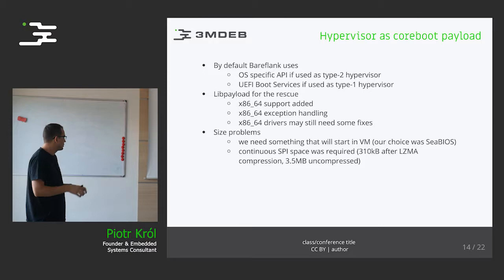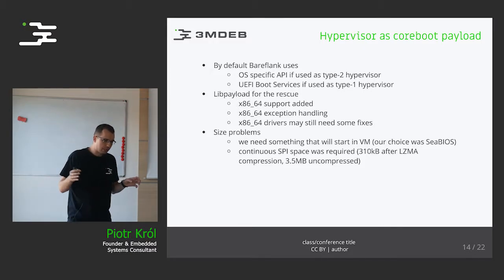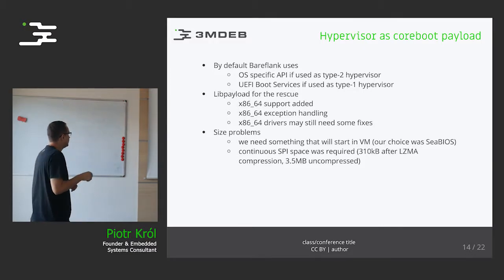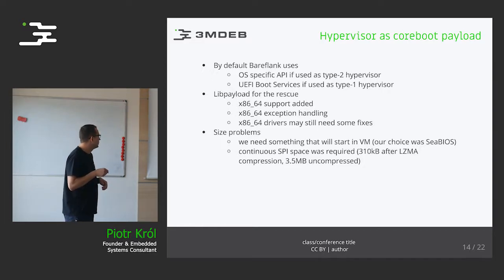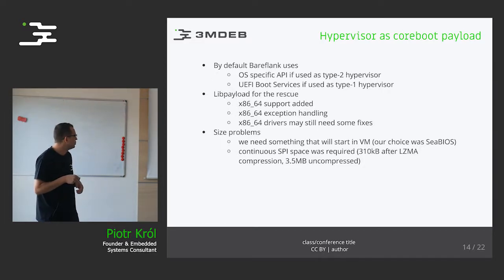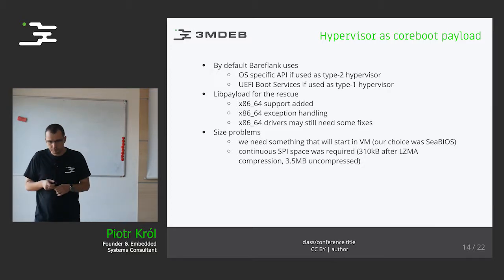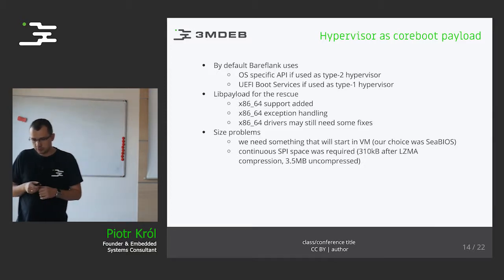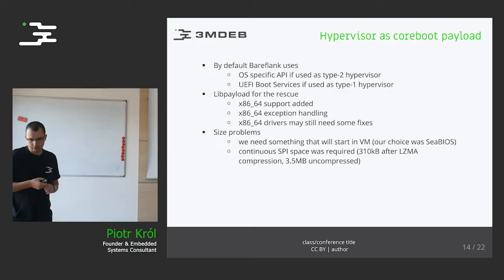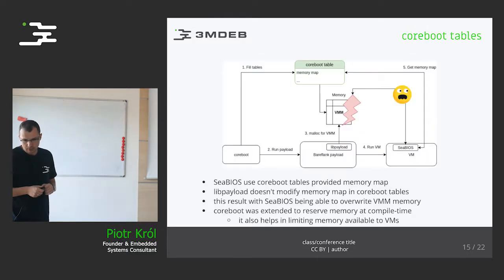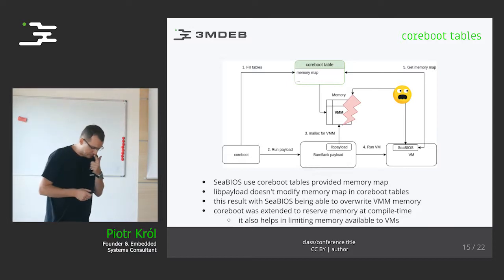Of course this meant we had less space, and to be honest, we needed contiguous SPI space to put our hypervisor there. Uncompressed, it was like 3.5 megabytes. After compression, we have 310 kilobytes.